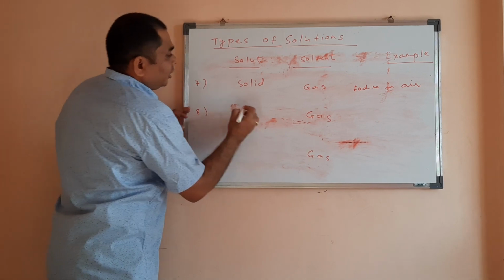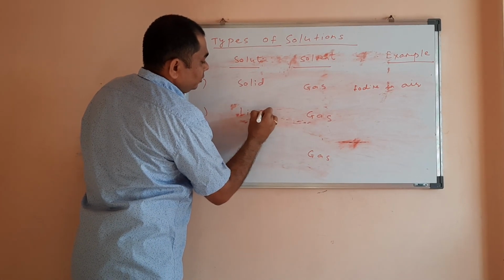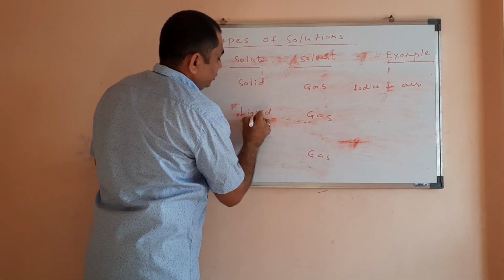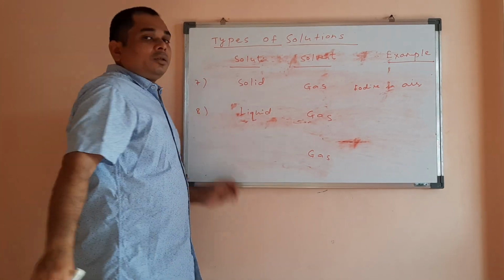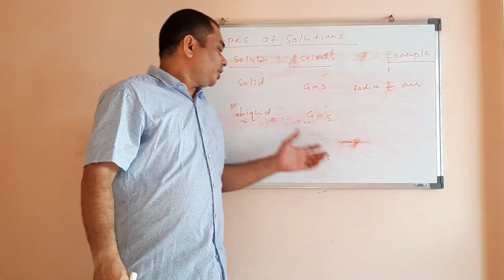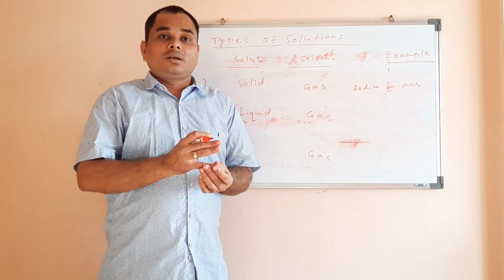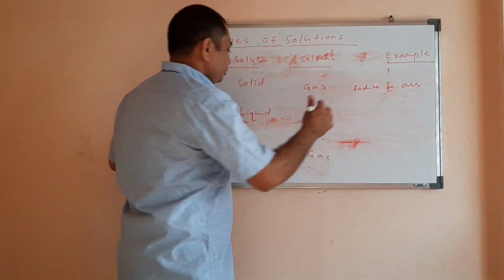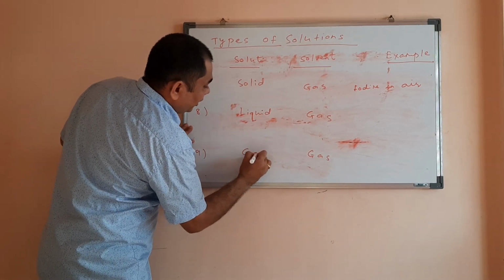Next one is liquid in gas. In this, the solute is present in the liquid state and the solvent is present in the gaseous state. The next one is gas in gas.